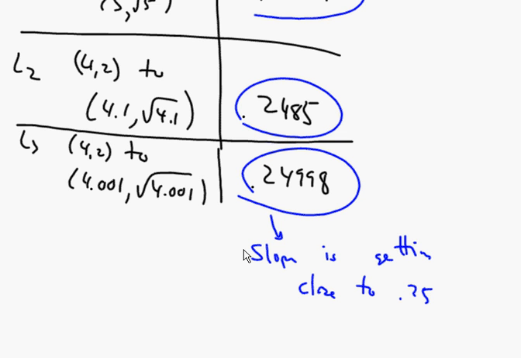Now, this should feel like a limit, right? We're saying as the second x value, 4.001, gets closer and closer to x equals 4, our slopes of the secant lines are getting closer and closer to 0.25. So what I'd like to do is prove this somehow. I'd like to know for sure that the limiting value is 0.25, and that's what we're going to do to finish this off.